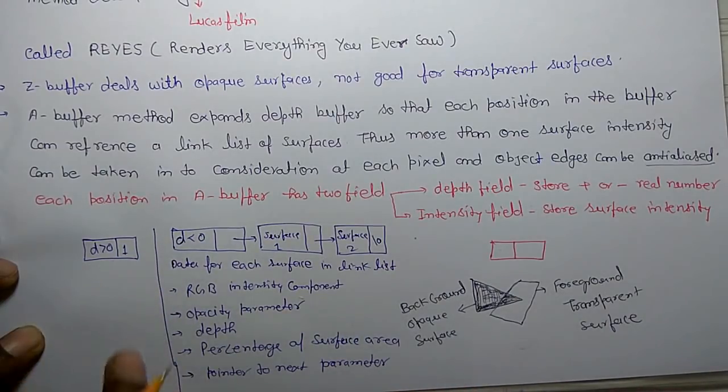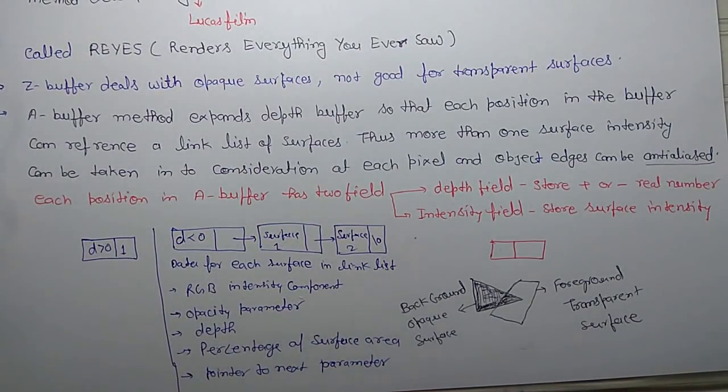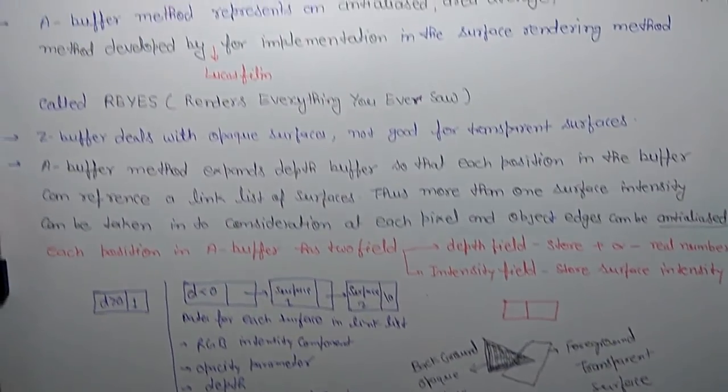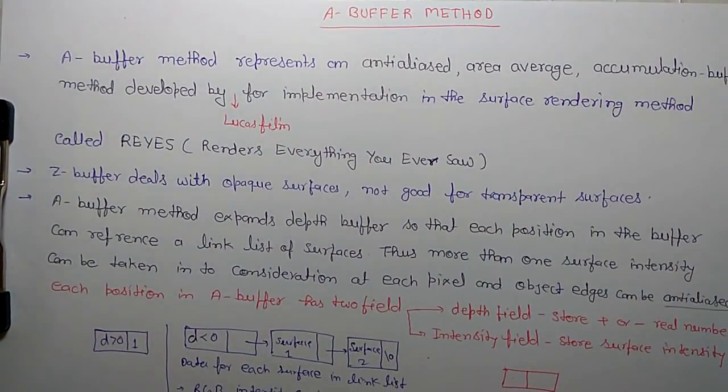So if depth is less than 0, it means multiple surfaces are going to be drawn at a particular pixel, so that intensity will be considered. So this is the A-buffer method, which is an extension of the Z-buffer method. Thank you.